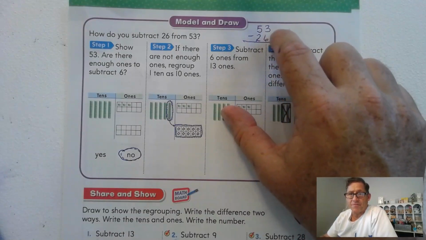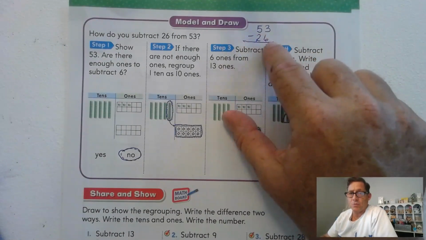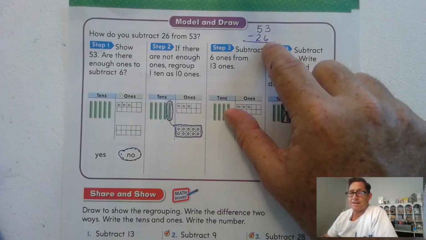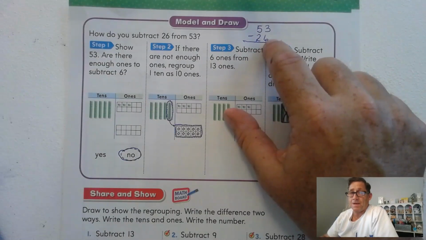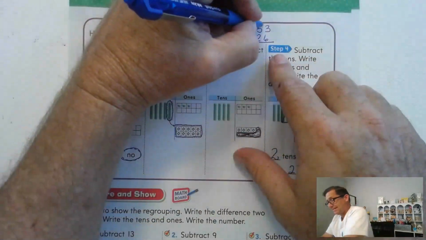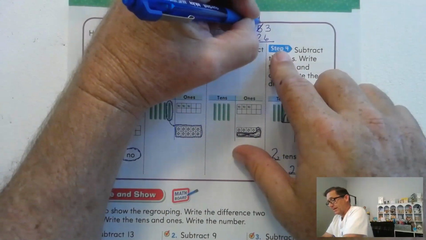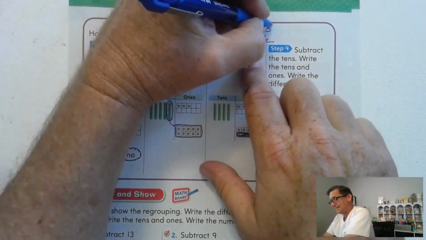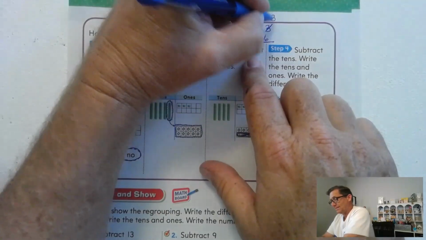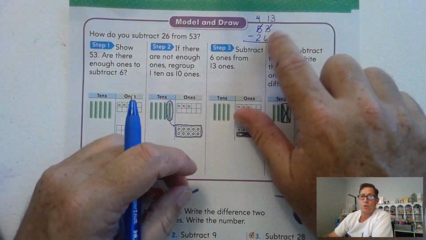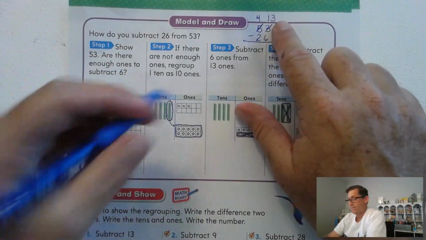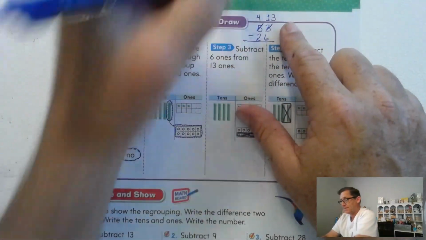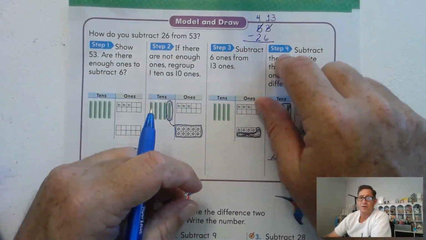So I have 3 ones, and I have to take away 6 ones. Okay, but I don't have enough. So I'm going to trade one of the tens. So now that leaves me 4 tens because I'm trading one of the tens for 10 ones. Well, if I add 10 ones to the 3 ones, I now have 13 ones. Well, what is 13 take away 6?